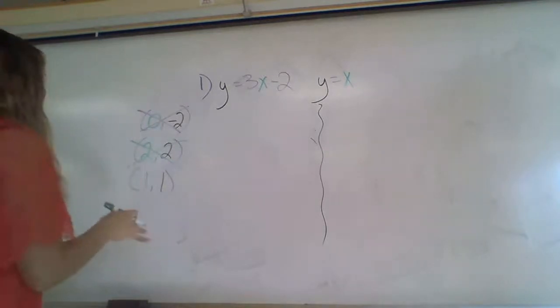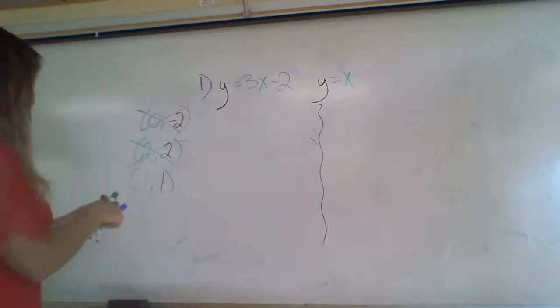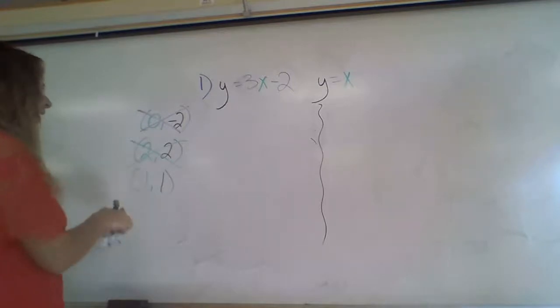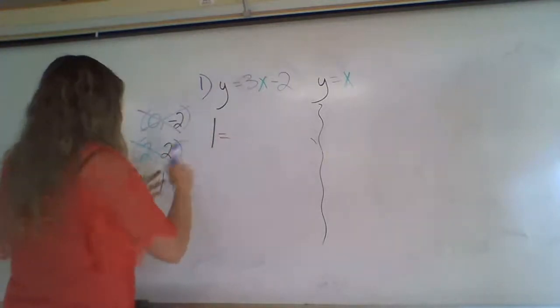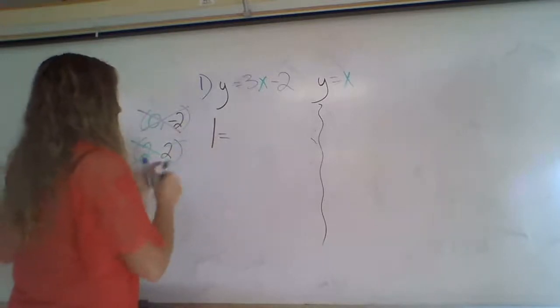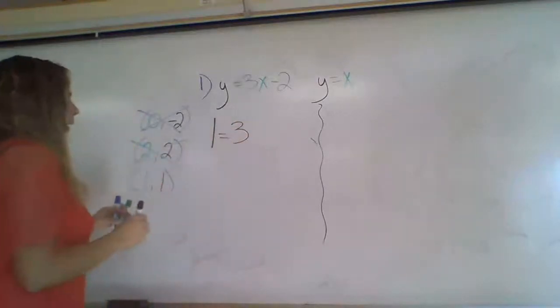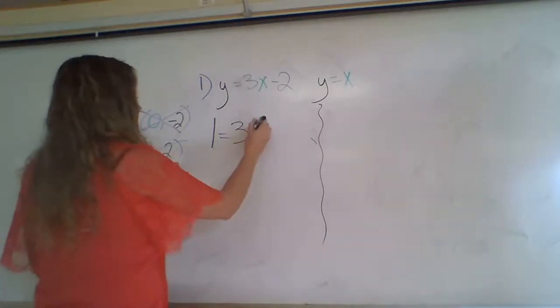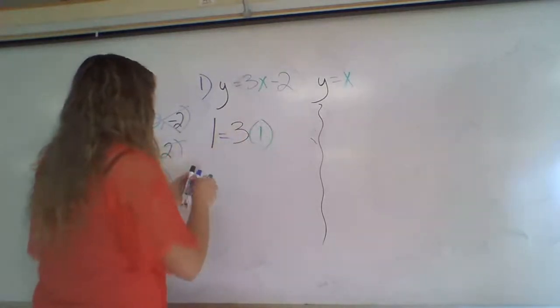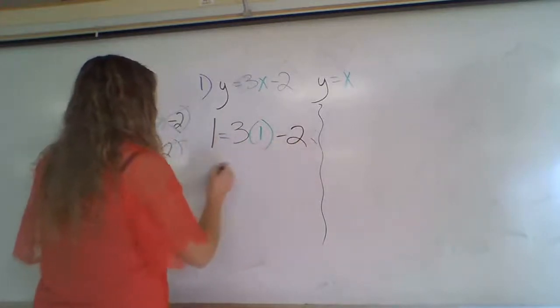Okay, here we go. So y is 1. Y is 1. X is also 1. So substitute in for x. And then you have minus 2.